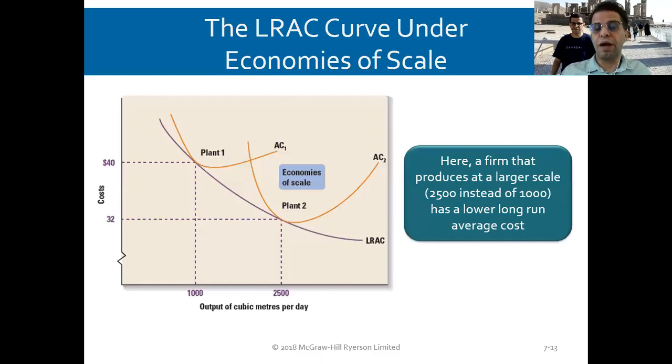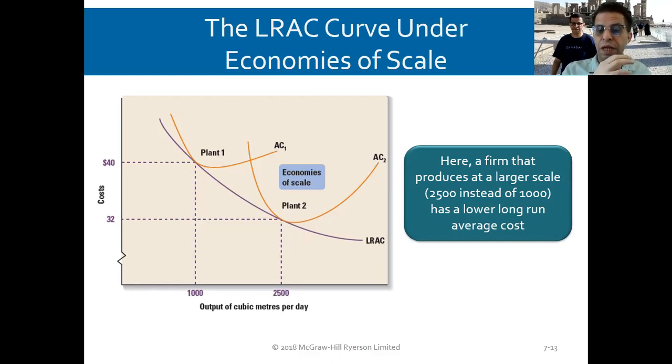Now, in the long run average cost curve under economies of scale, we said that the more companies produce, the lower is the cost. As they produce more, their long run average cost goes down. So that's what you call the economies of scale.